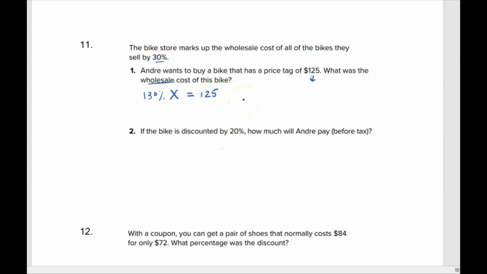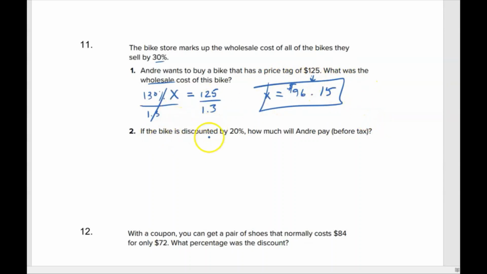Again, it's the same as working backwards as that problem we talked about before. So 130% price you pay times the wholesale will give us the price tag. Working backwards, if I divide by 130%, which is 1.3, on each side, I will come up with a total of $96.15 for that wholesale price.